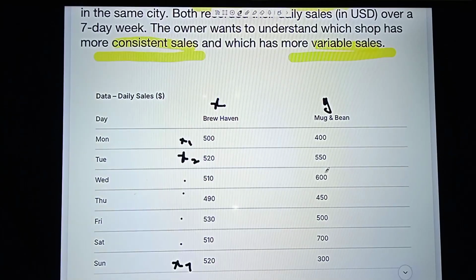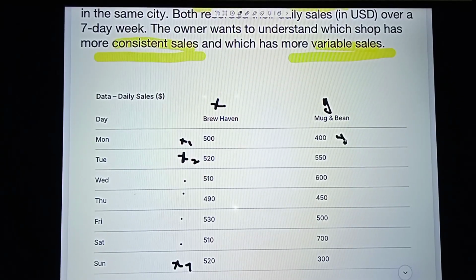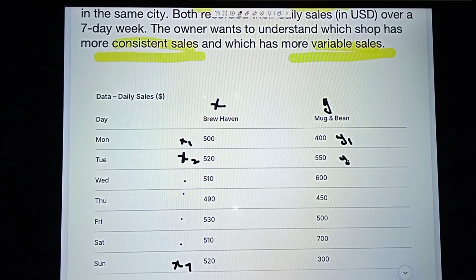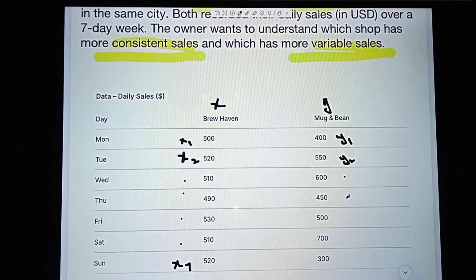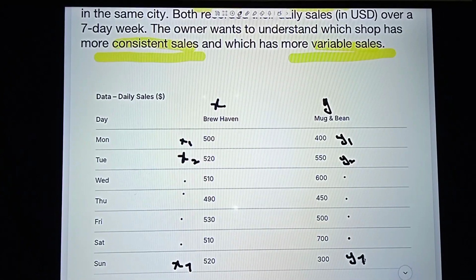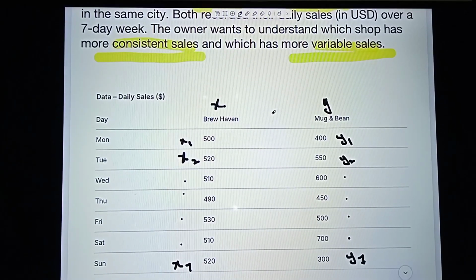Similarly, for Mug and Bean, the first value is represented with y1, the second with y2, and so on, and the last value with y7. So this is the actual data, two different data sets for two different coffee shops.